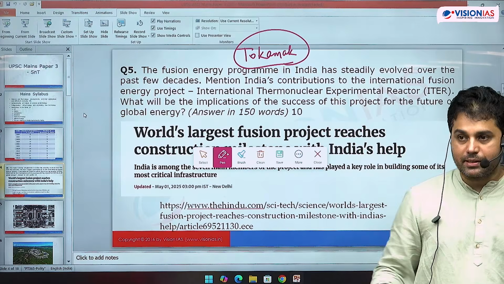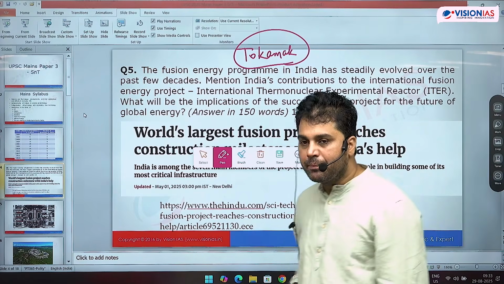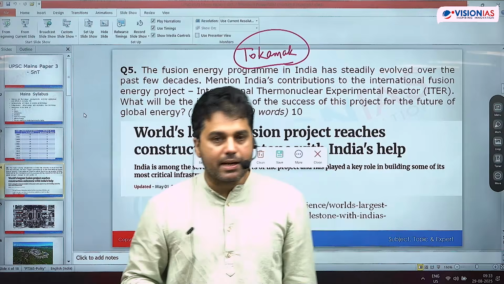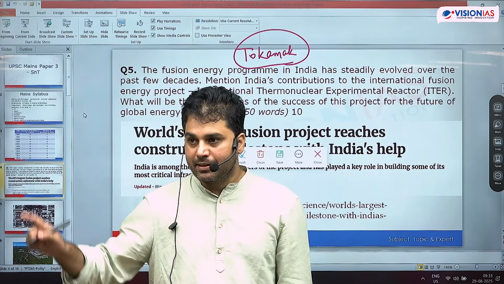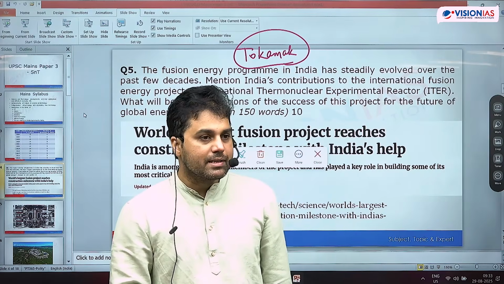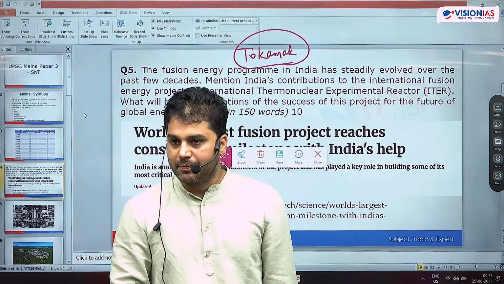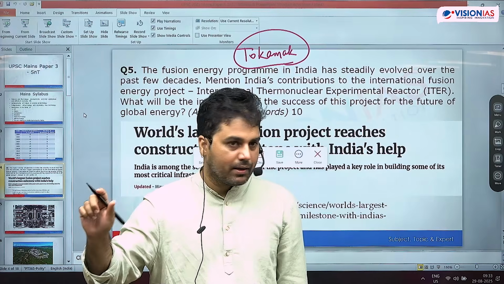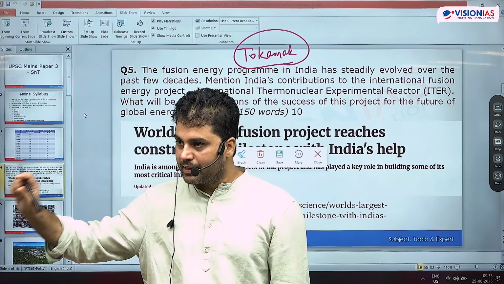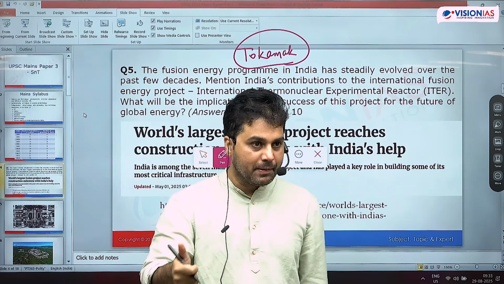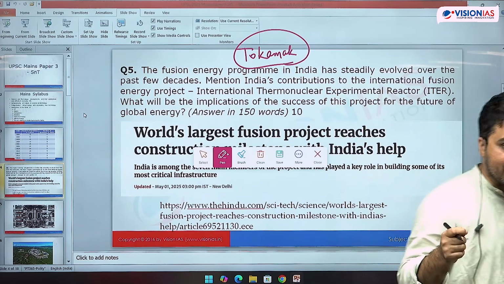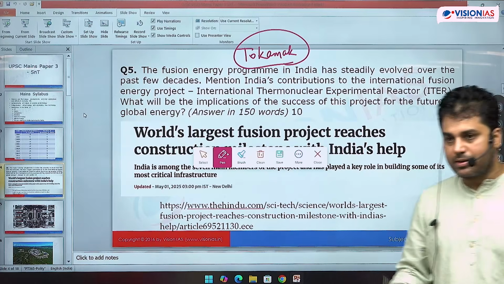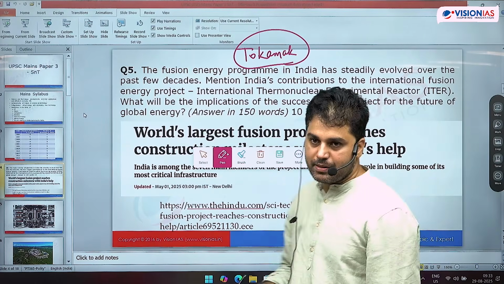And then you mention that India is also one of the members of International Thermonuclear Experimental Reactor, the largest tokamak which is under construction in France. ये लिखना पड़ेगा हमको. ये सारे कीवर्ड्स अगर हम मेंशन करेंगे, अगर हम मेंशन करेंगे कि ये फ्रांस में है, again that is going to fetch you that extra marks. When you mention that this is the largest tokamak under construction, it is going to fetch you extra marks.